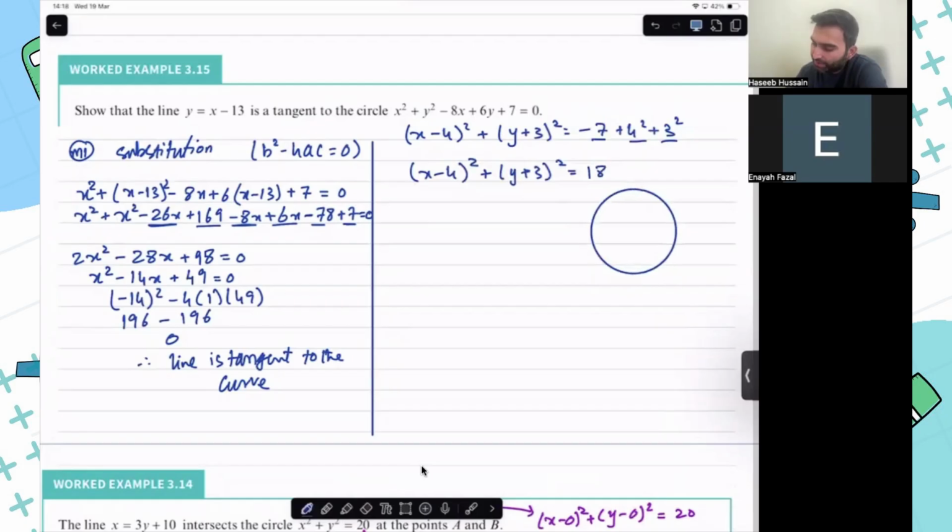That means the center is (4, -3). But this method will have problems too. Let's keep the substitution method only, because this would be even longer. I will have to find the point of intersection as well.